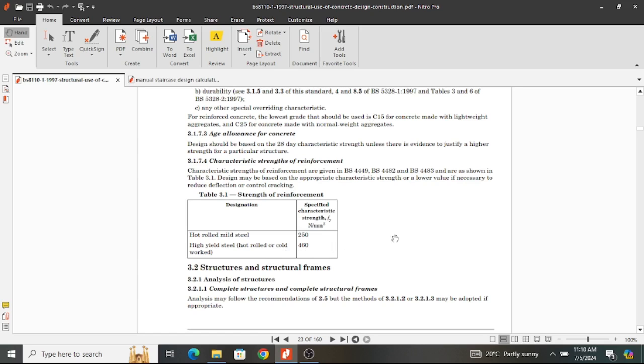Or sometimes you can get the certificate of the manufacturer, because all these elements have been certified by the Kenya Bureau of Standards. You can see the proposed characteristic strength of your steel. But that notwithstanding, it is good to use 460, but also apply the appropriate characteristic strength that you have at the moment.